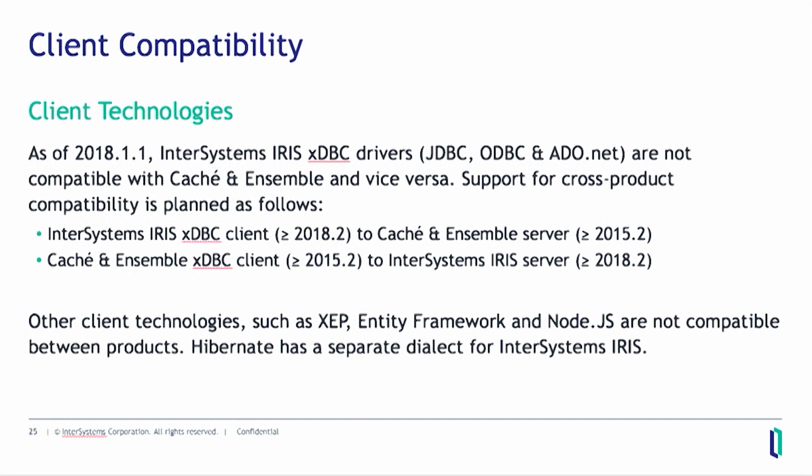Similar things that we support is XDBC. So what we envisioned is that you run these kinds of coexistent environments. You have a mixed environment between Caché, Ensemble and InterSystems IRIS, but your clients using this kind of technology can connect to either one of those because we're keeping these connectivity components or access components compatible between product lines.